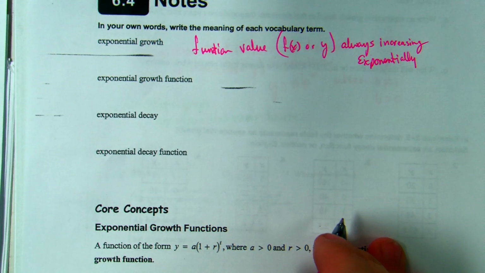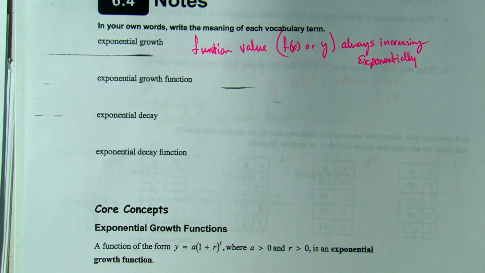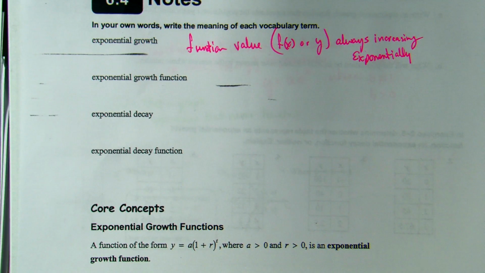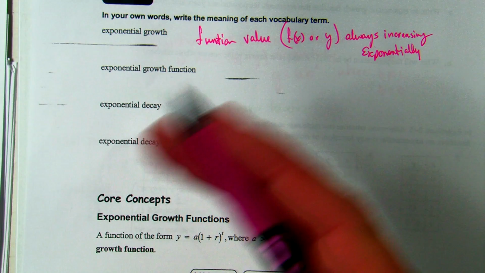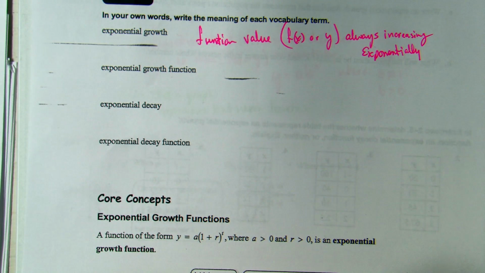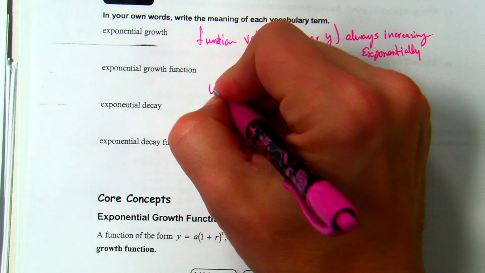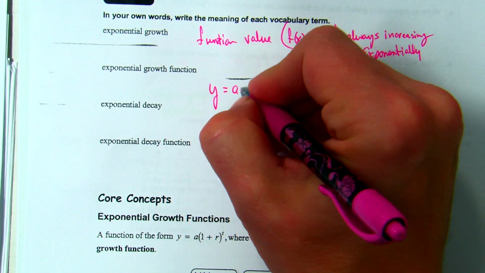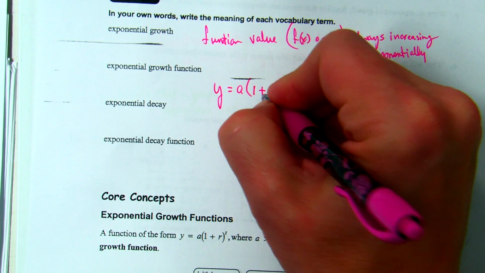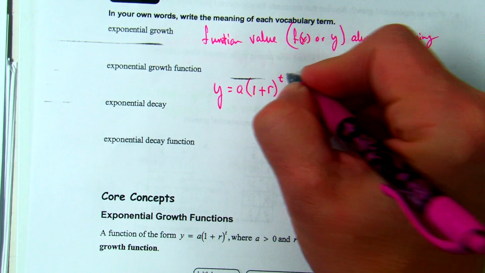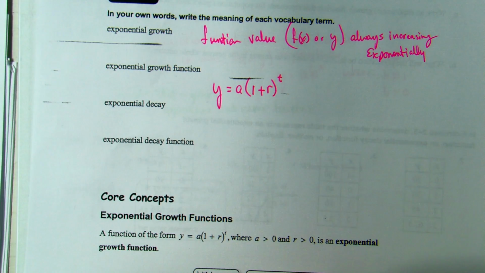Okay, so a function value f of x or y that's always increasing exponentially. As x increases, the value is increasing exponentially. Okay, and for this function that we're going to look at, the actual function itself is going to be y equals a times 1 plus r raised to the t exponent or power.